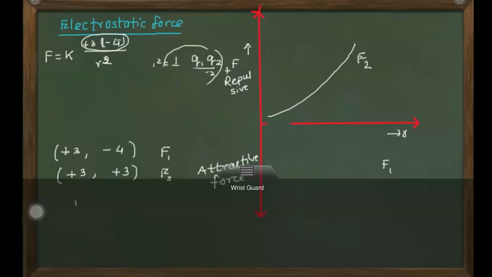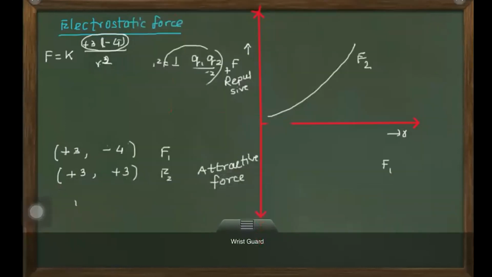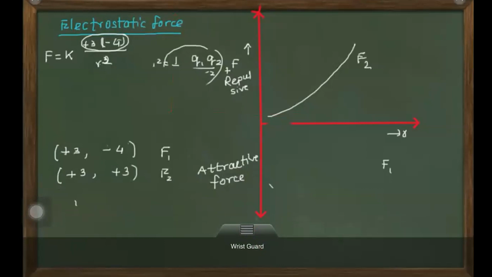In the previous section, we get a slightly different shape here. It will be likewise, if the distance is this way. Like parabolic nature will be here, and this will be in this way.